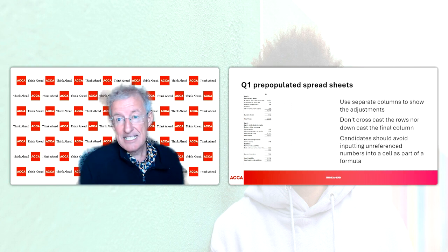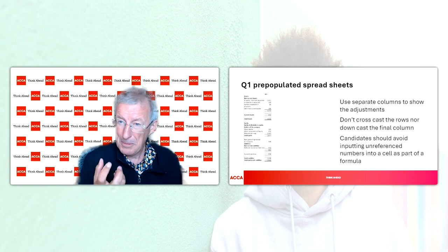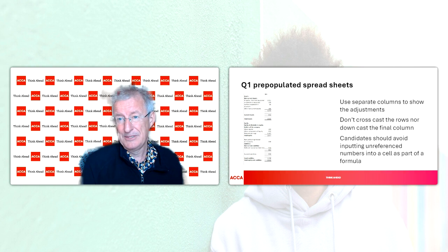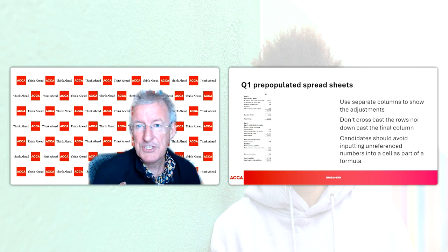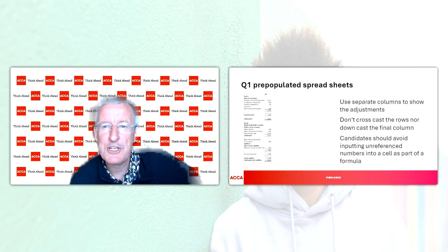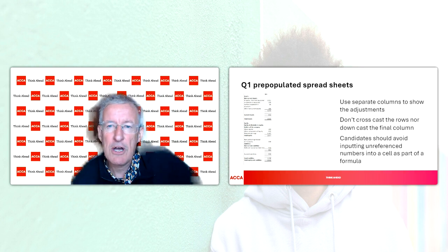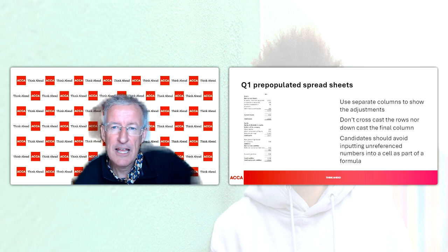The spreadsheet is there. You can use formula, but just be careful. These are my words, but I'm not original because I am reiterating the information as passed down by the examining team and the markers.